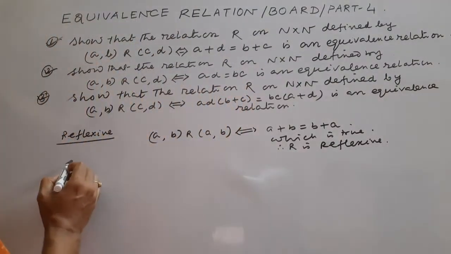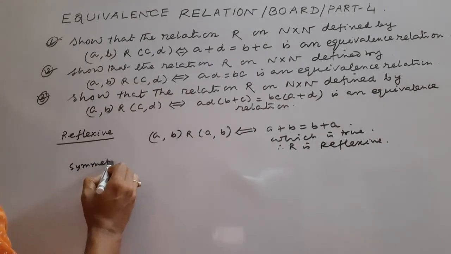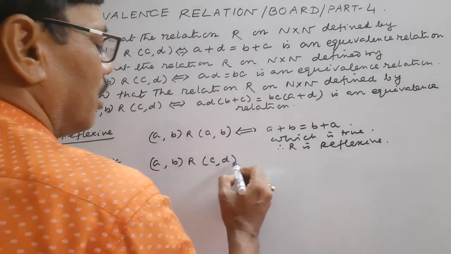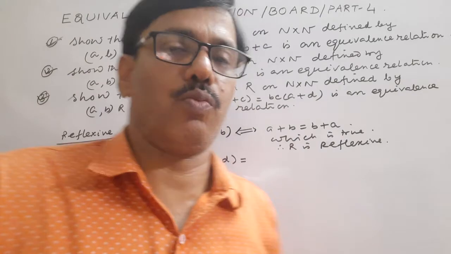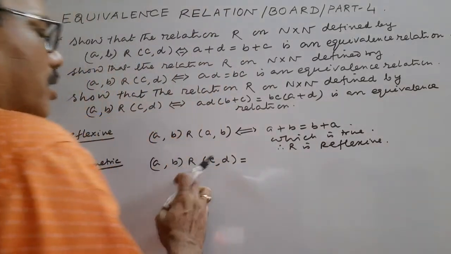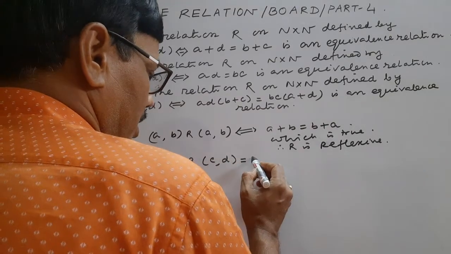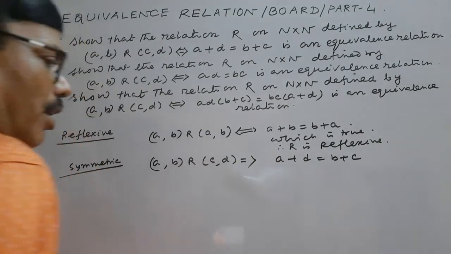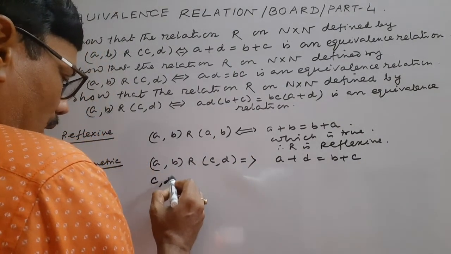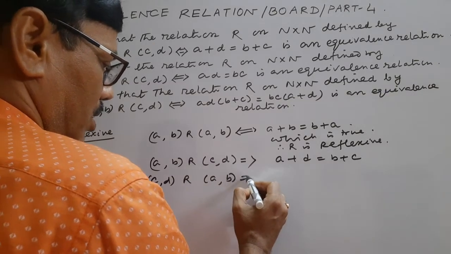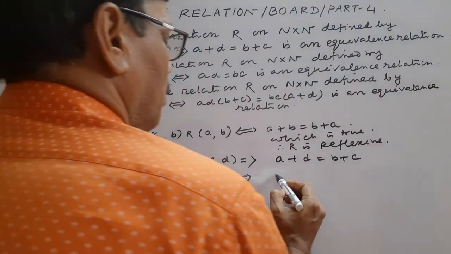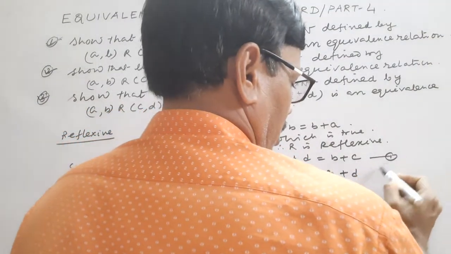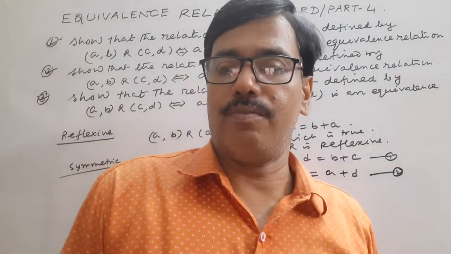Now symmetric. To prove symmetricity, we have (A, B) R (C, D), and we have to prove (A, B) R (C, D) implies (C, D) R (A, B). So (A, B) R (C, D) implies A plus D equals B plus C. Now (C, D) R (A, B) implies C plus B equals A plus D. So they represent the same equation.